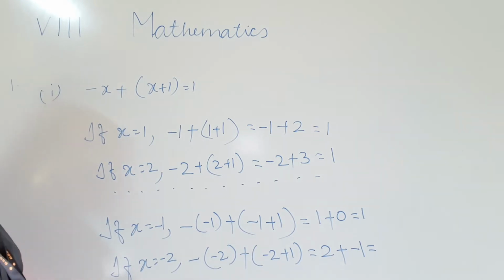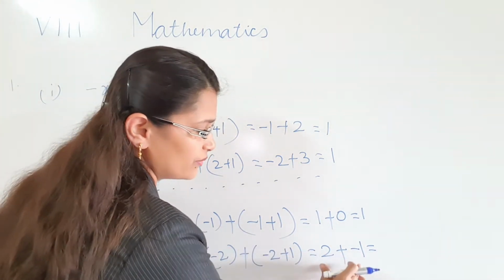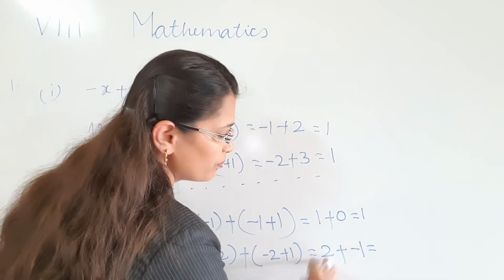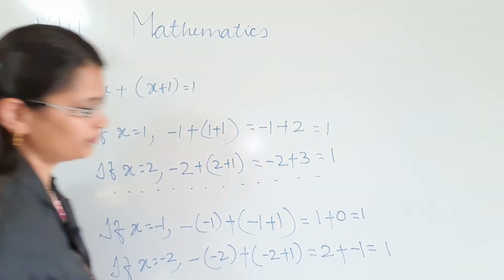So, if they are having two different signs, you should subtract and get the biggest number sign. So, 2 minus 1 is equal to 1.